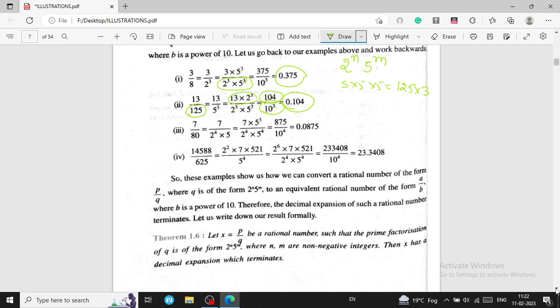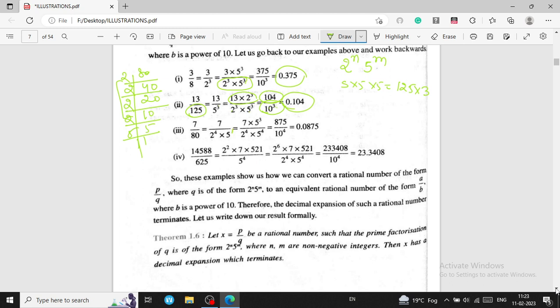Next, 7 by 80. When we factorize 80, 2 40s are 80, 2 20s are 40, 2 10s are 20, 2 5s are 10, and 5 1s are 5. Here you can see 2 came 4 times. So here we write 2 raised to power 4 multiplied by 5 raised to power 1.